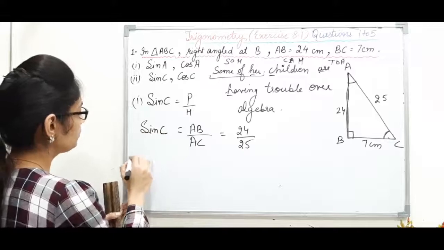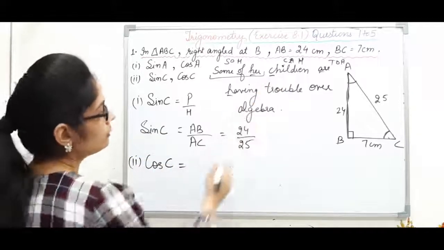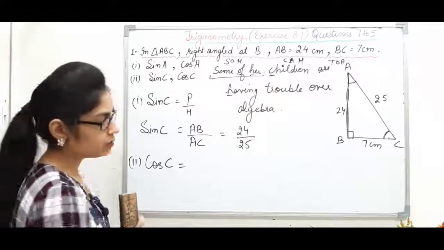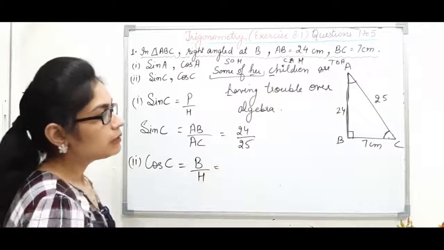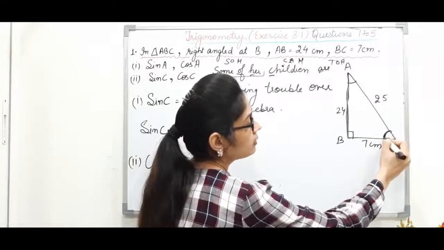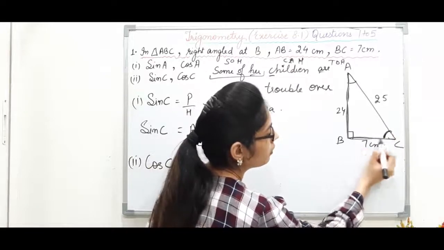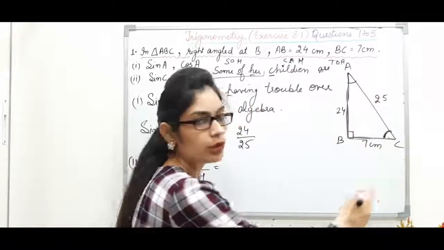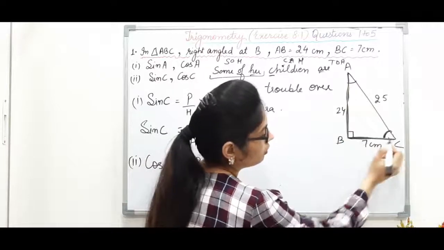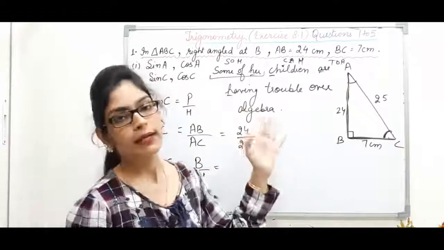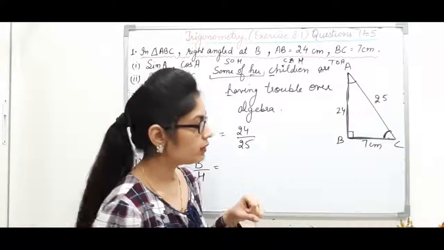Now cos C. According to this, it is the adjacent side. Adjacent side is always base, so base upon hypotenuse. Base according to angle C, this is angle C. The adjacent side is this one, because you should not take the hypotenuse, only these two sides, because only perpendicular and base get interchanged. Hypotenuse will always remain the same.